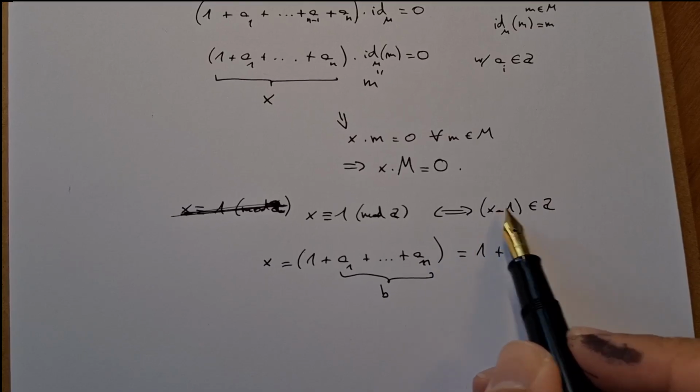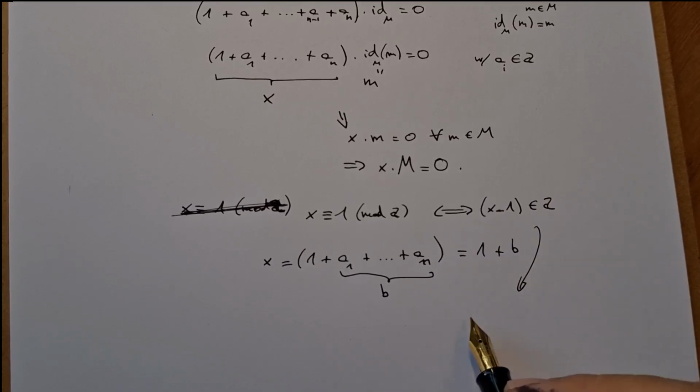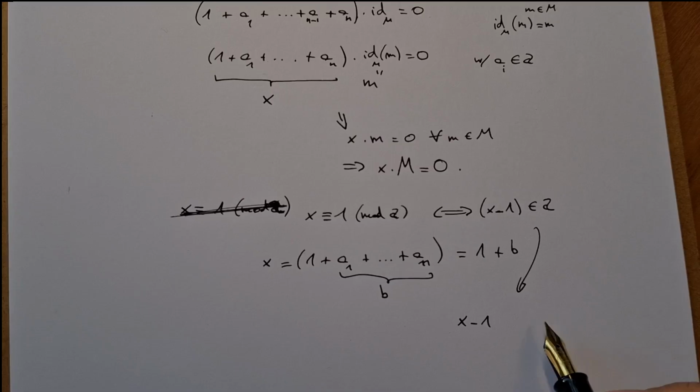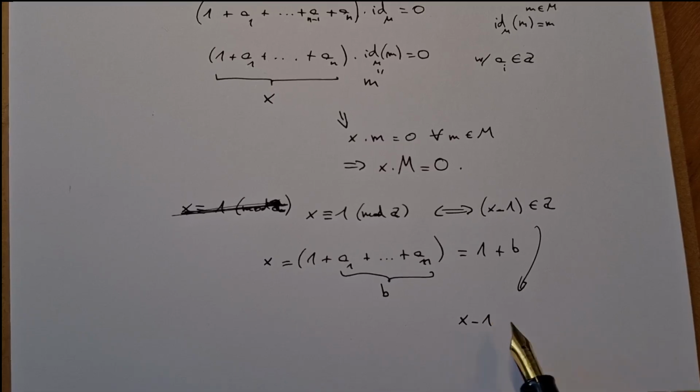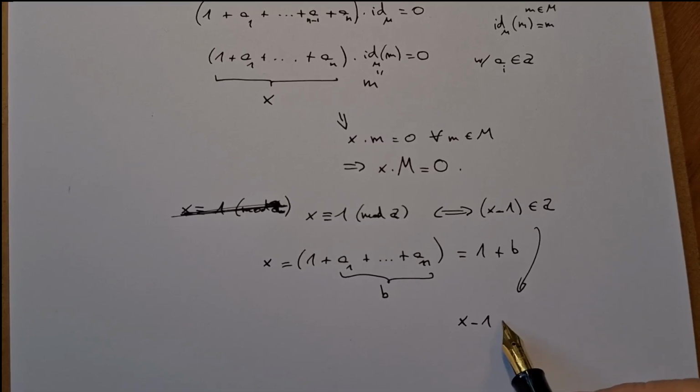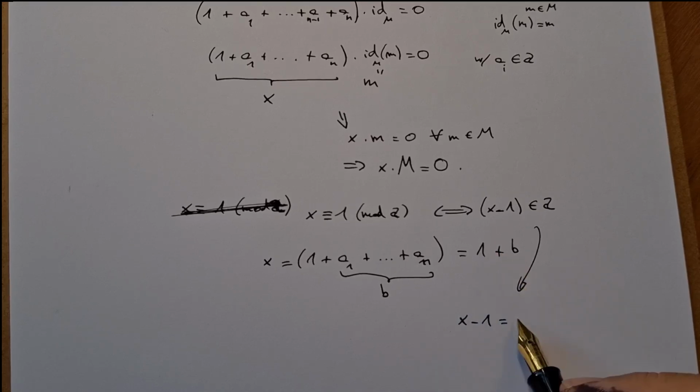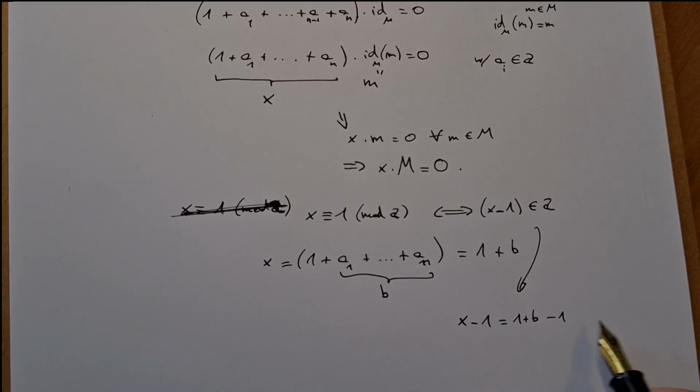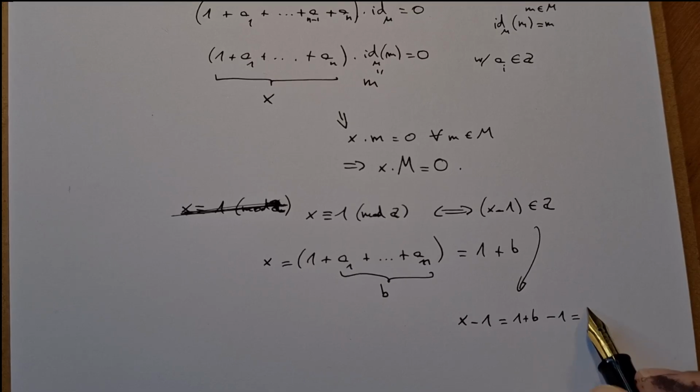Then x minus 1 is the same as saying 1 plus b minus 1. Both ones cancel, and this is the same as saying b.